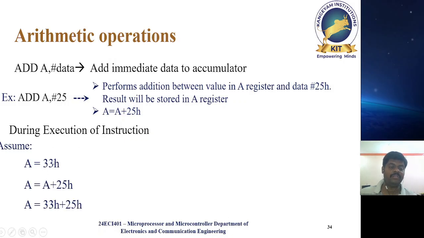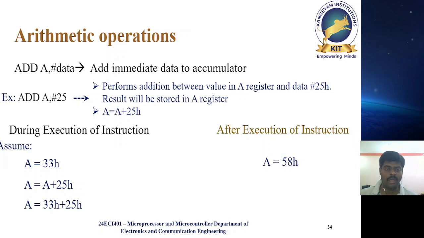So if you have a value of 33 and A equal to A plus 25, that means 33 plus 25. Since this is data itself, we are adding the data with the A value immediately. So the result will be 58. There is no register involved in this, there is no memory involved in it. Just the data and the value in the accumulator, that means the A register. That's all.